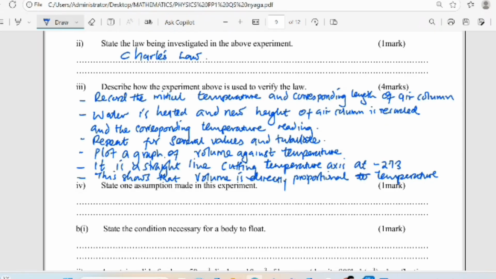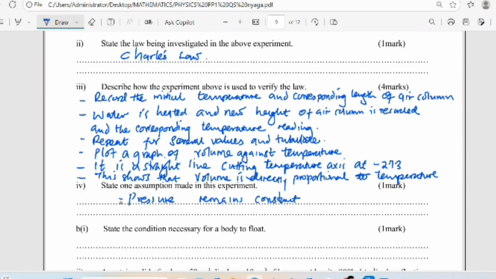Then give or state one assumption made in this experiment. Pressure remains constant. So that is one assumption.